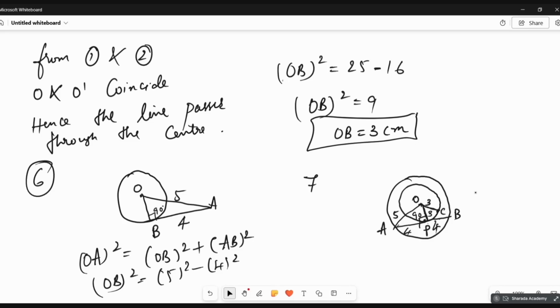So one thing, always remember, a chord to the larger circle will be a tangent to the smaller circle, and the radius will divide the chord into two equal parts. So by the Pythagoras theorem, you find one part, and 2 times that will be the chord of the circle. That's all. Okay. Remaining we will do next class.